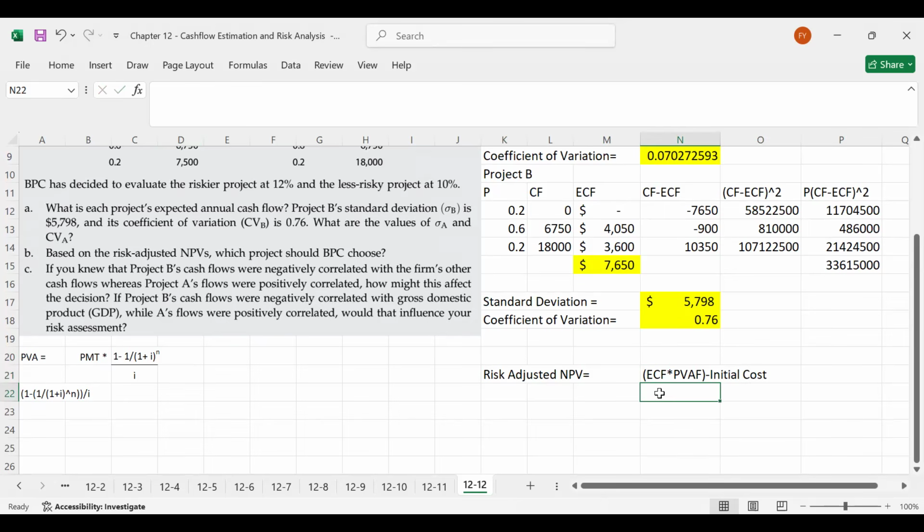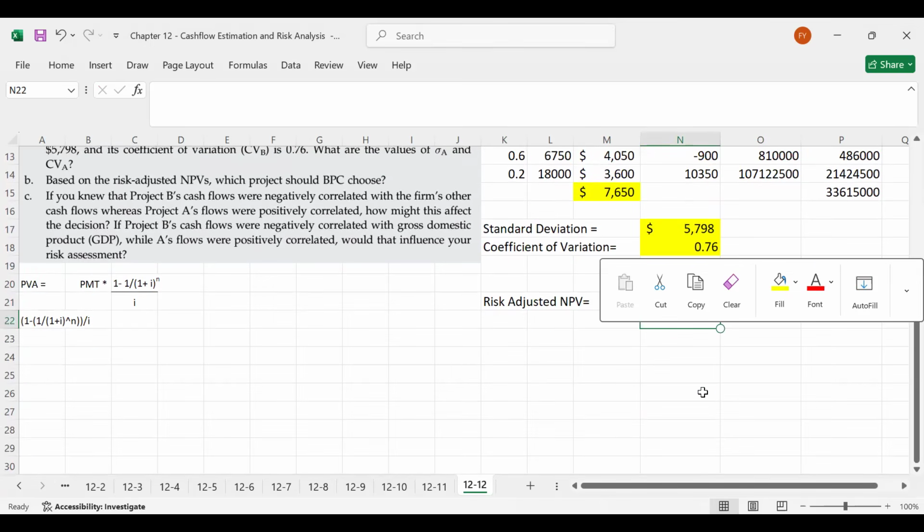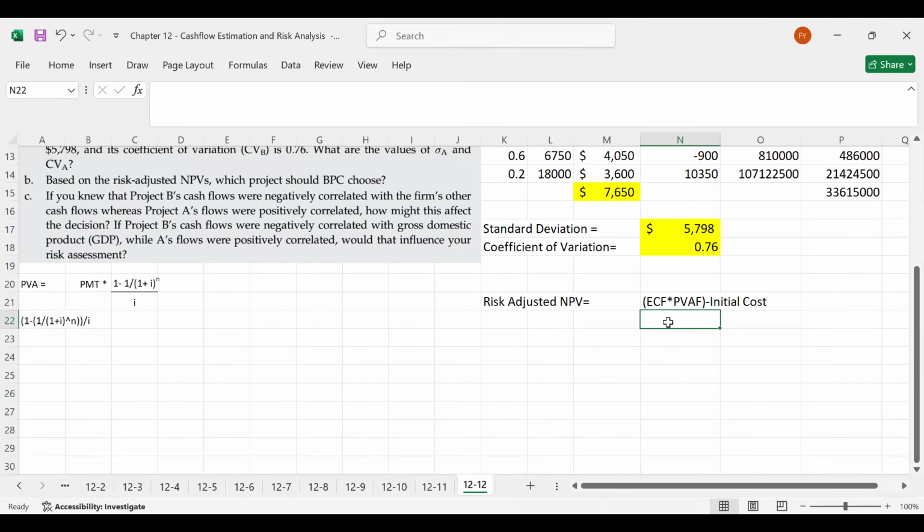So for project A, you can see the expected cash flows are 6,750, multiplied by the present value of annuity factor. Here the present value annuity factor can be calculated in this way, with the formula which we have derived.